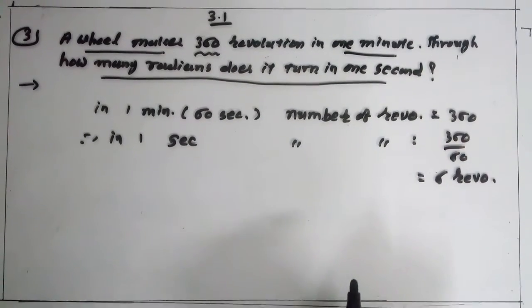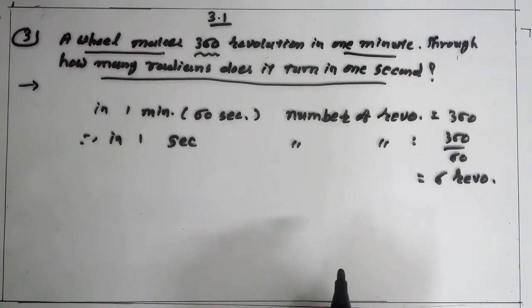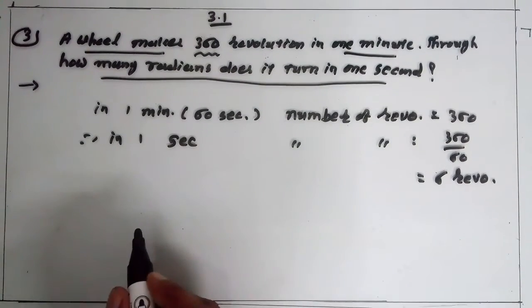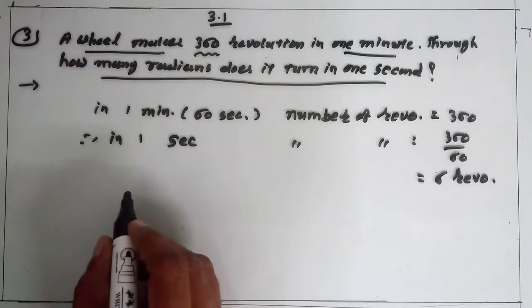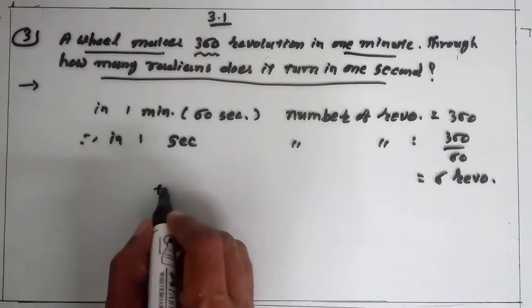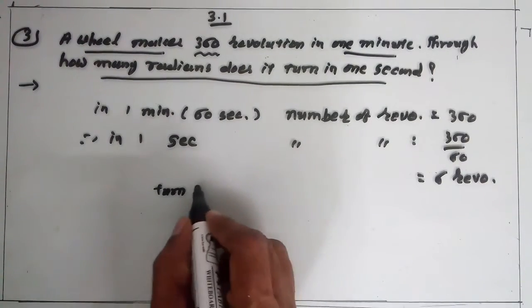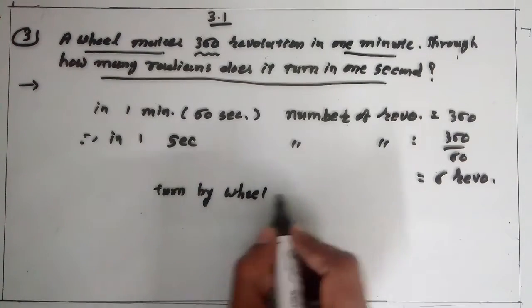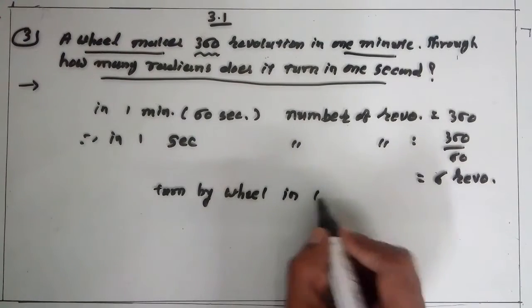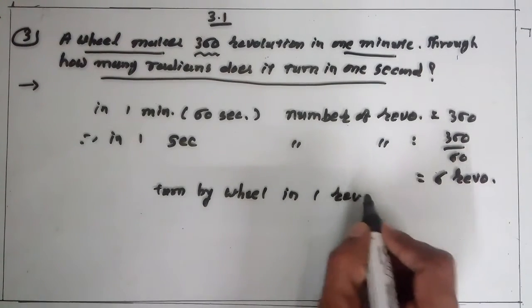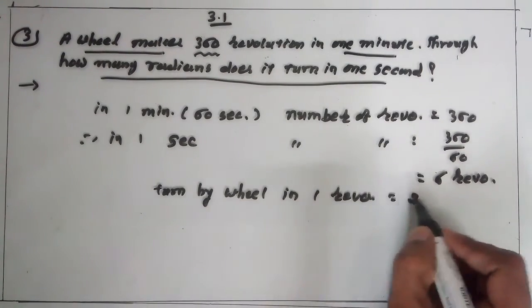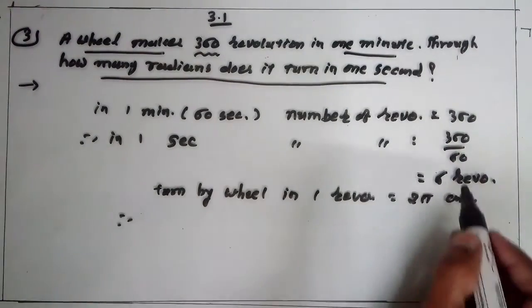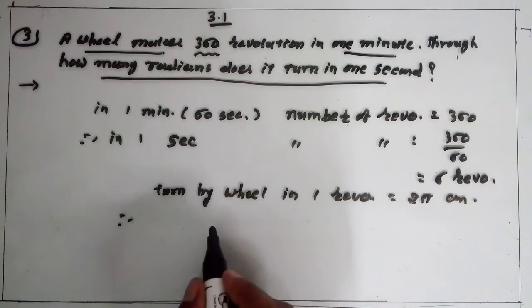Now the turn by the wheel in 1 revolution is 2 pi, we know that. So the turn by the wheel in 1 revolution is equal to 2 pi. Therefore, here total revolutions are 6.